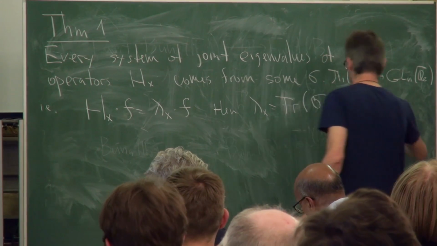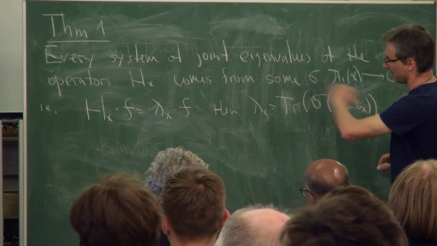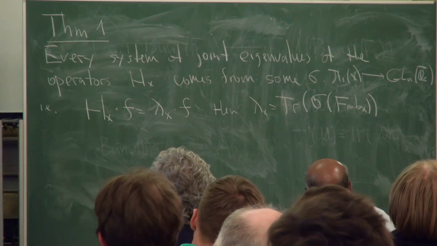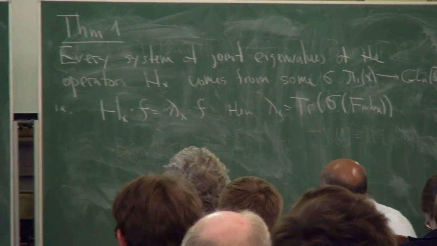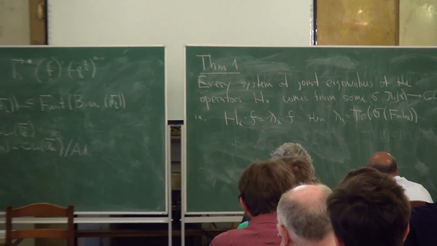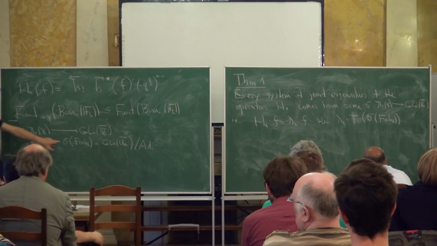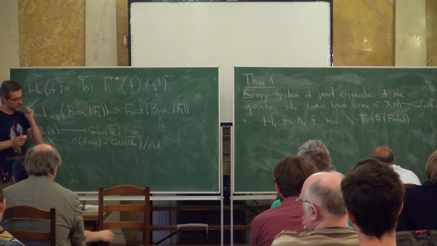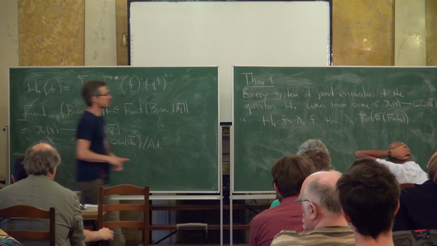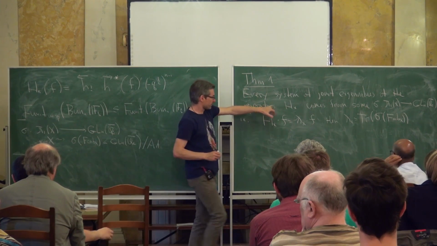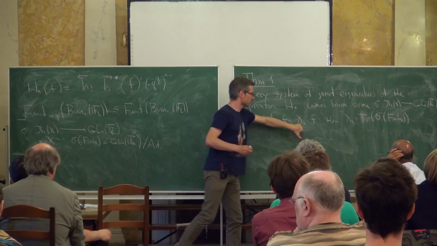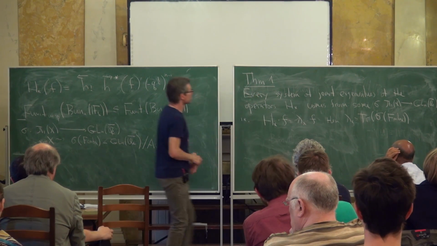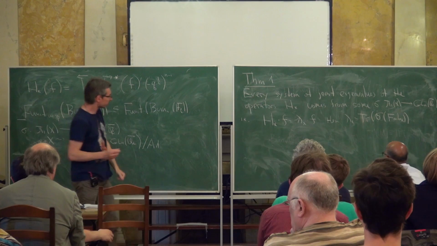A choice of sigma, according to what I said here, defines a family of elements of Q_l bar parameterized by points of the curve. Namely, you take these elements, you take their traces. For each x, you get a trace. And the claim is that every element of the joint spectrum appears in this way. So these lambdas must be of this form. So this is theorem 1.